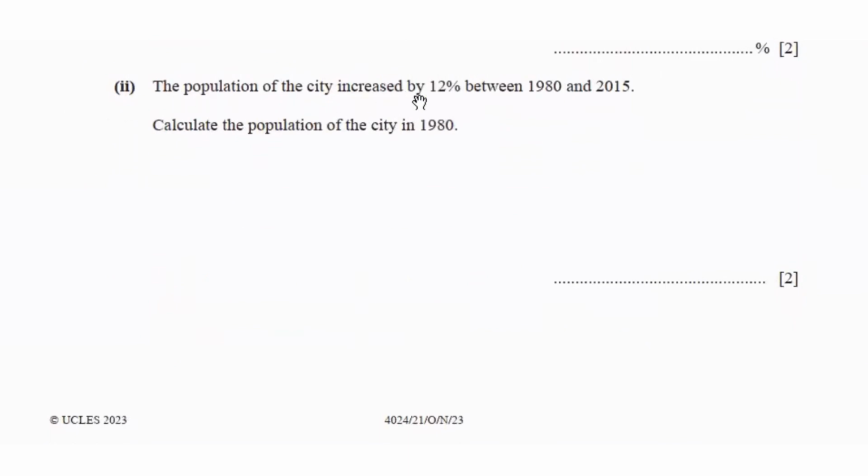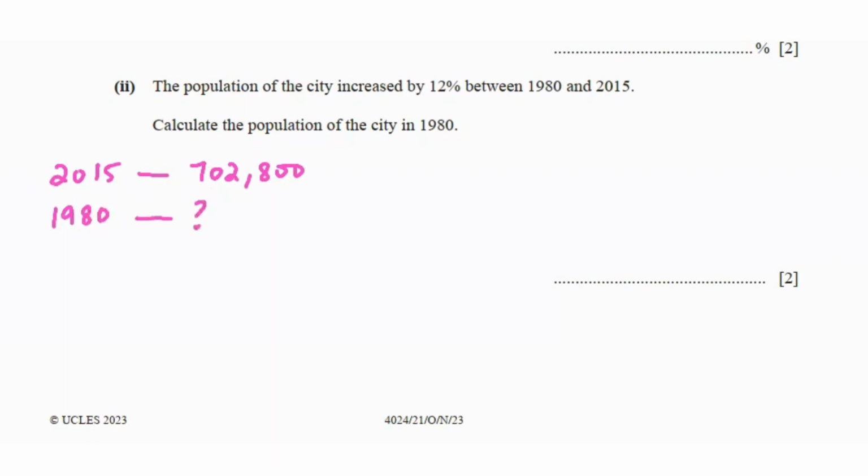Then it says the population of the city increased by 12% between 1980 and 2015. Calculate the population of the city in 1980. So in 2015, your population was this. 1980 is what we have to find.